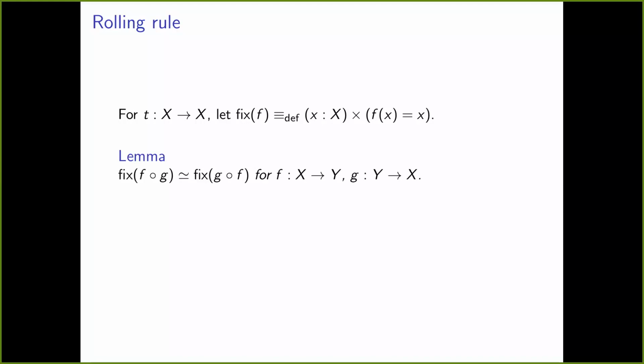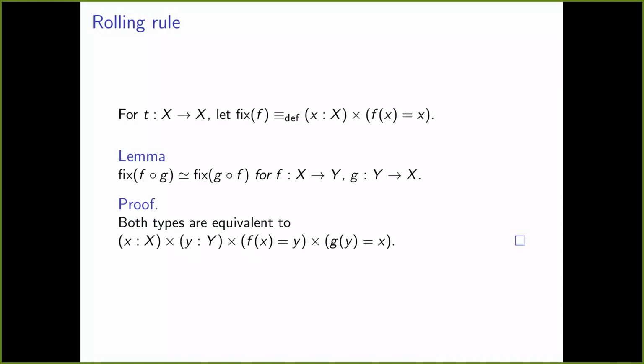But what was really nice was that there is a super direct proof, where instead of defining an equivalence between these two types directly, you produce a third type which is equivalent to both. And now you can see directly why this is equivalent to either one, because you can contract away on this pair and you are just left with one type, or you can contract away on these two pairs.